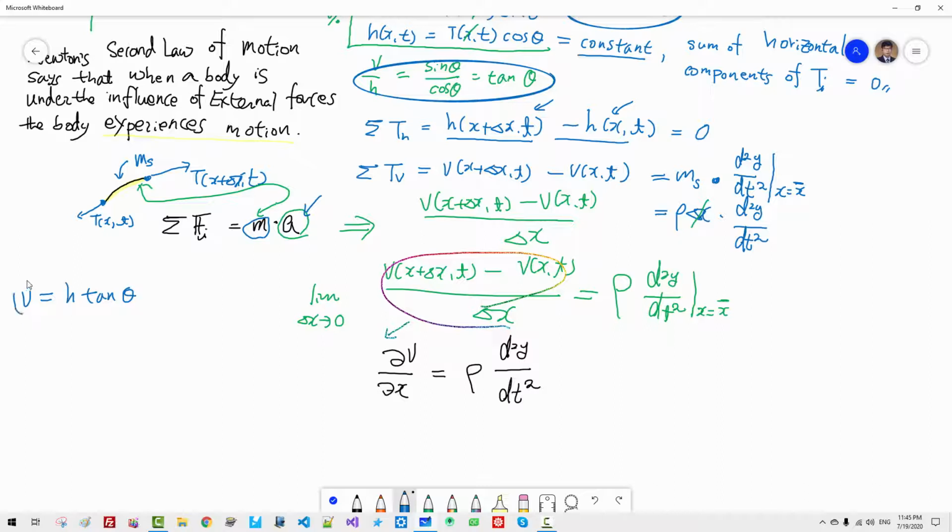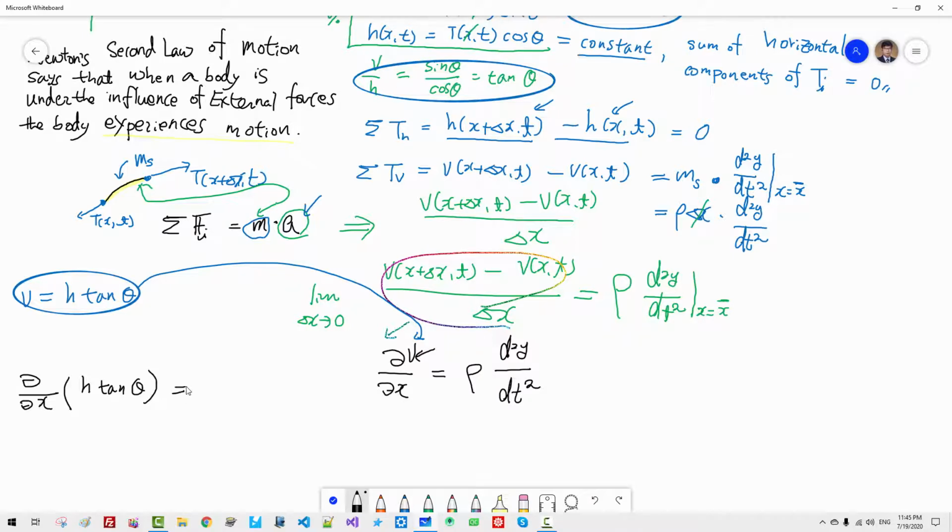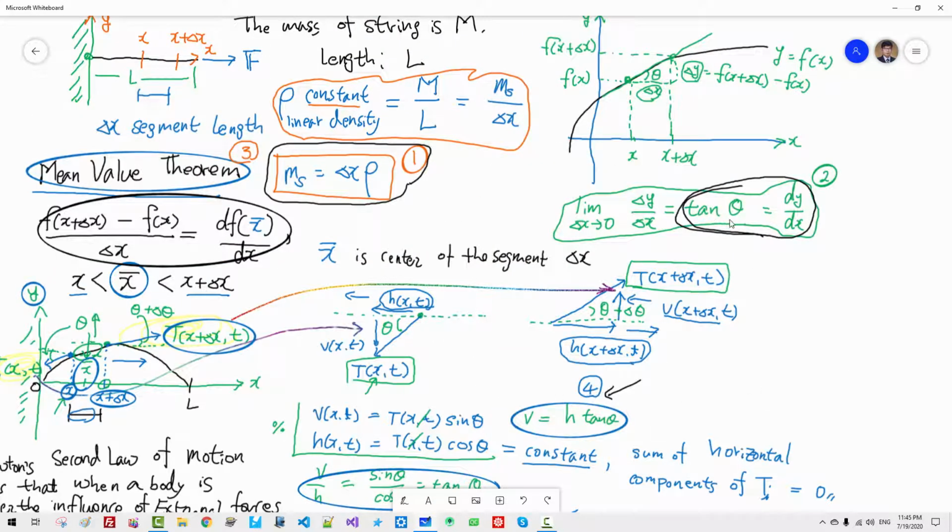From this equation, V equals H tangent theta. We substitute this equation here like this. Partial over partial x, in place of V, H tangent theta. If we scroll up, tangent theta equals dy over dx.